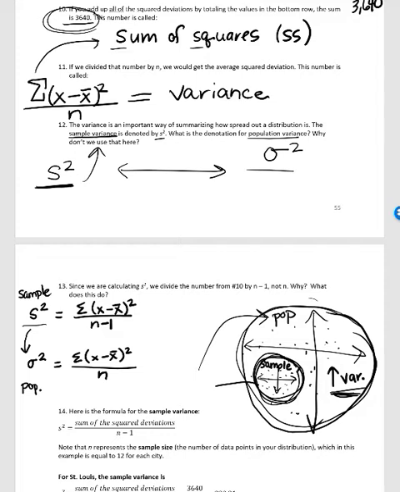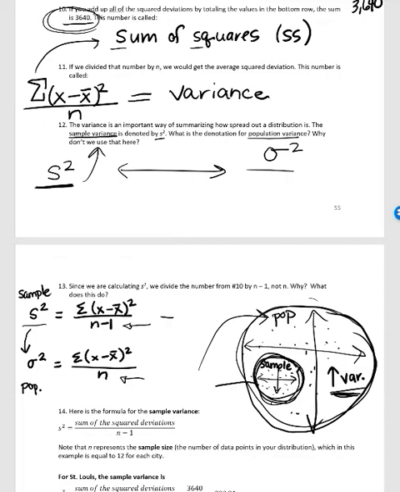So this n minus 1 versus this n, that is like our fudging factor. We're saying, well, this one's probably a little bit too small, so divide by something just a little bit smaller to make the overall thing a little bit bigger. To illustrate this idea, let's say n was 5.